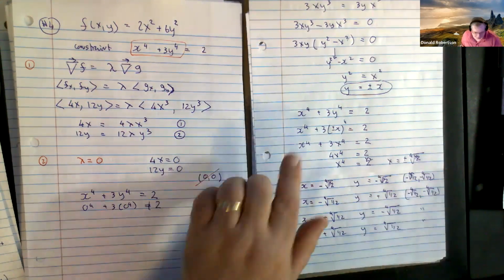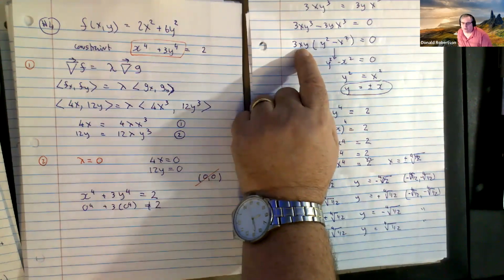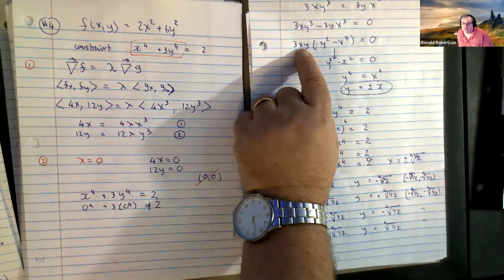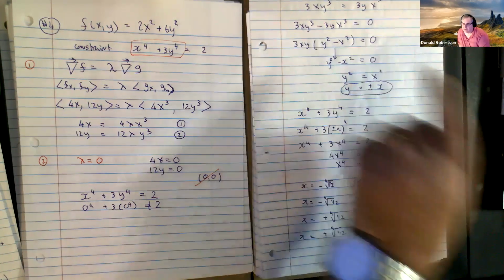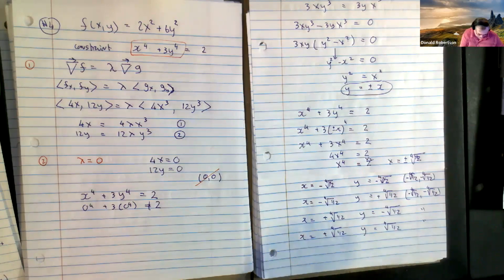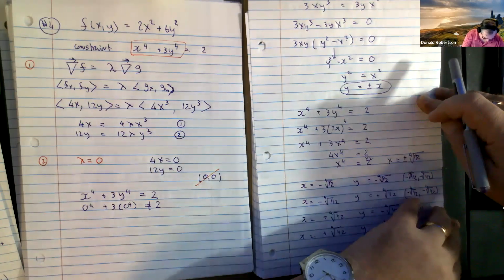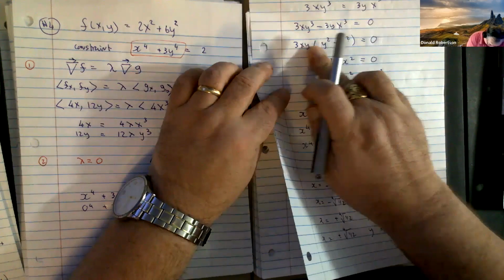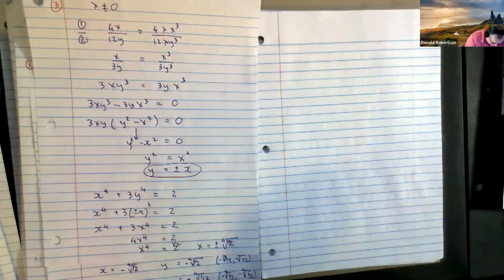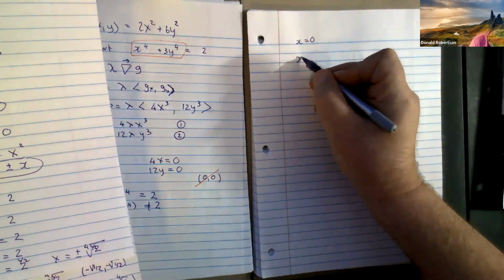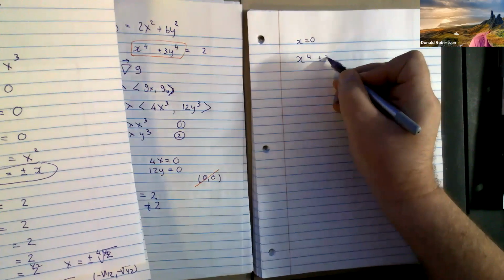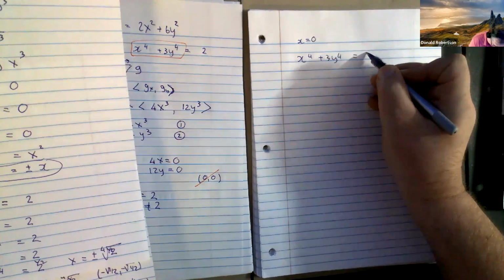Now, I said I'm going to ignore these guys. Let's not ignore them now. If you want this to be equal to 0, x could equal 0, y could equal 0. Agreed? X could be 0 or y could be 0, right? That would solve this equation. So I'm now going to do x equals 0. I'm going to take the constraint, which is x to the 4 plus 3y to the 4 equals 2.